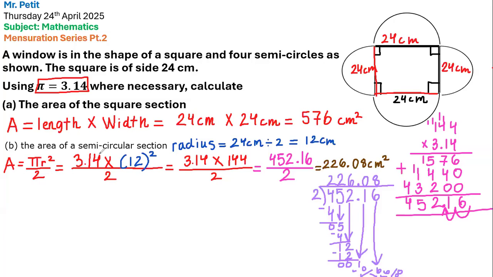We had to divide that 24 in half, and that was the radius. So that's 12 squared, over 2. 12 times 12 is 144. And then we multiply that by 3.14, which is 452.16.